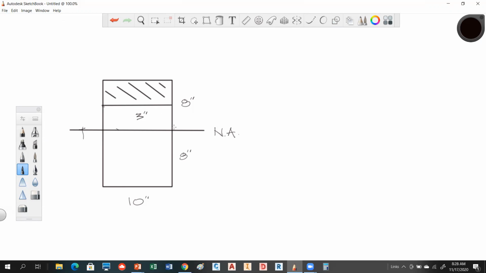So what you're doing is taking 8 minus 3. That's giving you 5 here, right? So my area is now 10 times 5. Everybody see what I'm doing? We're just considering the shear in this region. What would be the distance from here to the centroid of that area?